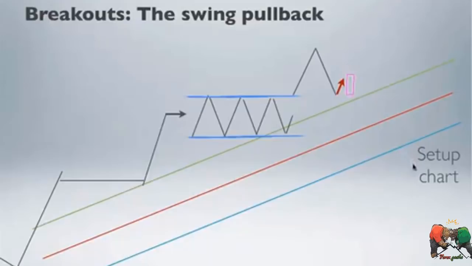In the setup chart, there is no need to zoom into the shorter time frames. The first candle that closes in green, since we are looking for a bounce to the upside, we would be looking for green candles.